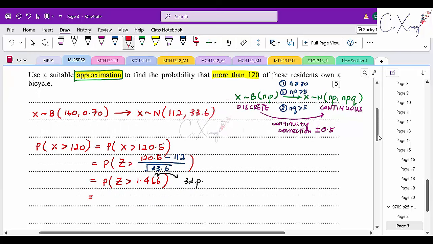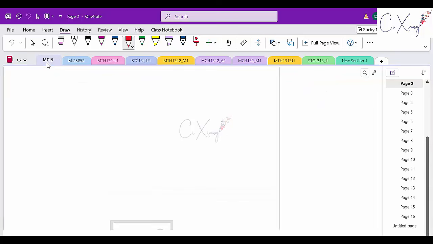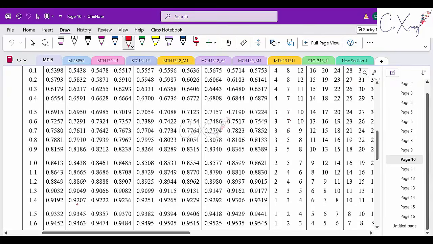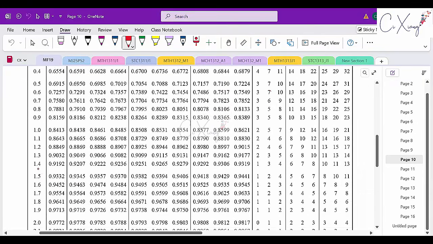Then I have to find the probability. I have to take 1 minus, because the area in the table provided in MF19 is the smaller-than area, but we are looking for greater than. So you have to take 1 minus the smaller area. Looking for 1.466, page 10: 1.46 is this one, and also the 6 here.